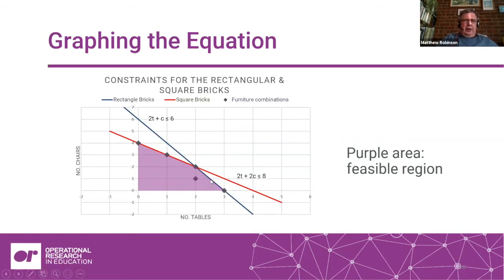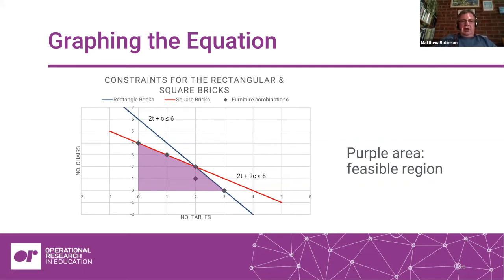So anything in purple is what's called the feasible region. So these are the feasible solutions. We haven't got negative raw materials. We actually have actual raw materials, so therefore we can't have negative answers. And so that's why all of the feasible options are in the purple region.